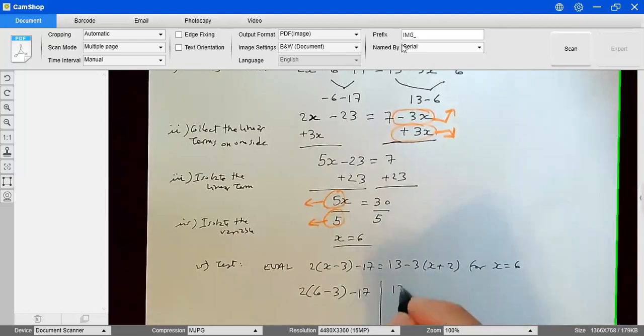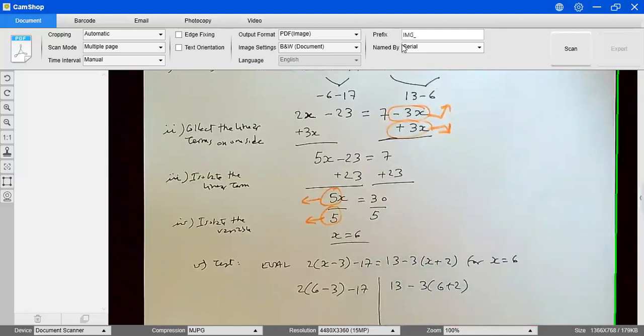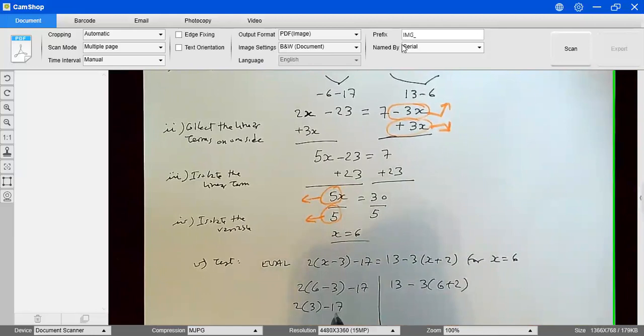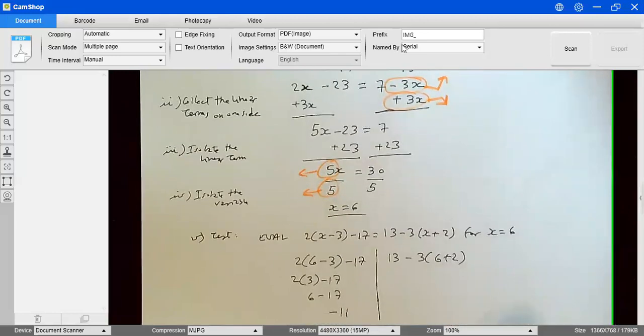We're going to have 13 minus 3, 6 plus 2. That's the right-hand side. Just do this operation. 6 minus 3 is going to be 3. So we're going to get on the left-hand side, 6 minus 17 is going to be negative 11. So that's my left-hand side.